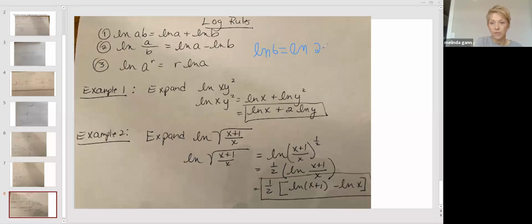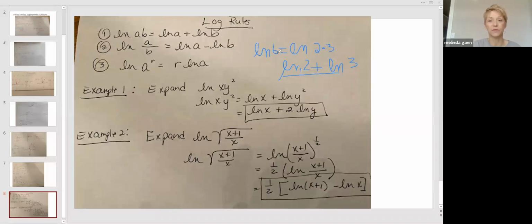Well, according to the first rule, if you took the natural log of 2, and you took the natural log of 3, and you found those 2 answers with your calculator and you added them, this answer should be exactly the same as just the natural log of 6.